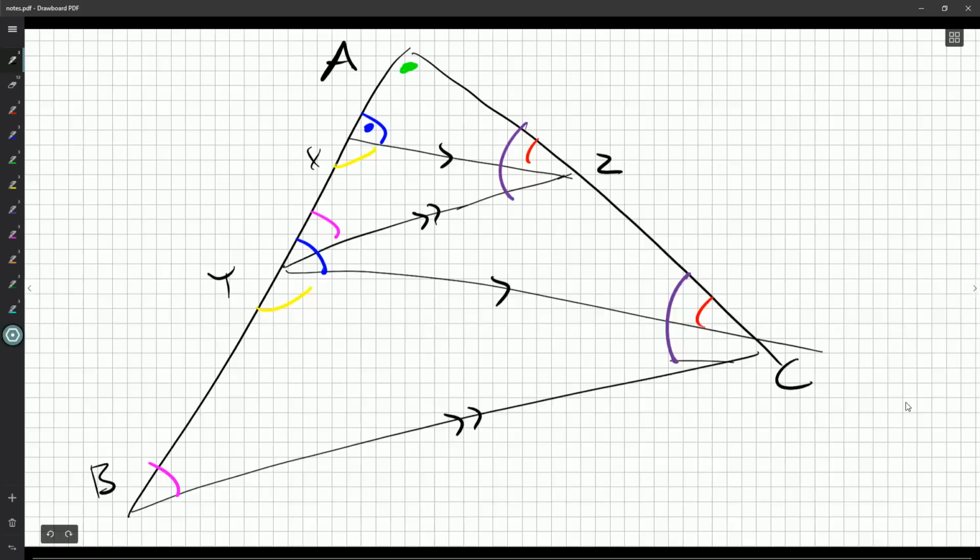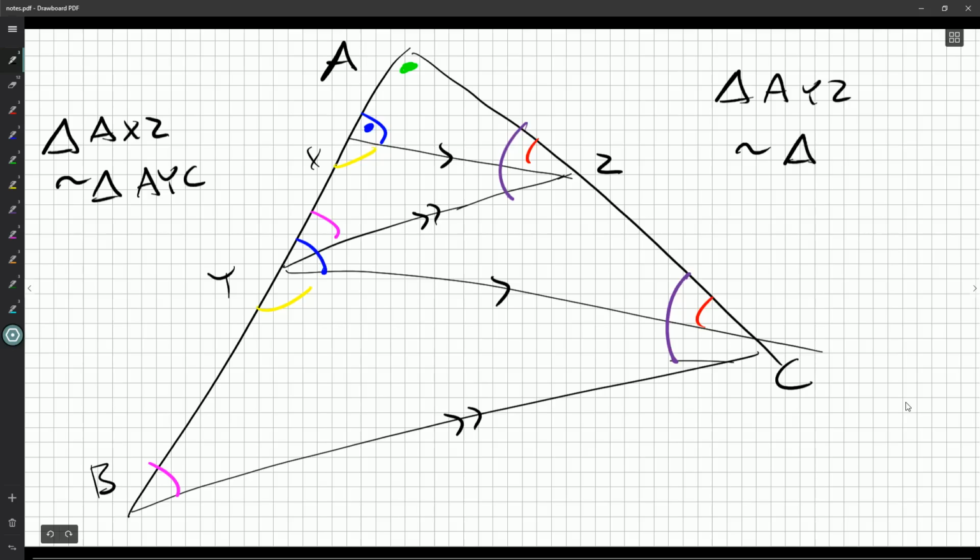So let's take a look. AXZ is similar to AYC. AYZ is similar to triangle ABC. And then, since it's the difference of the purple and red, we get the same orange angle here.